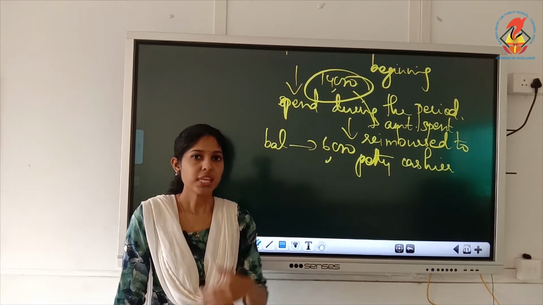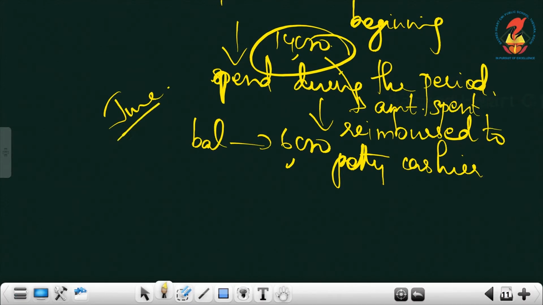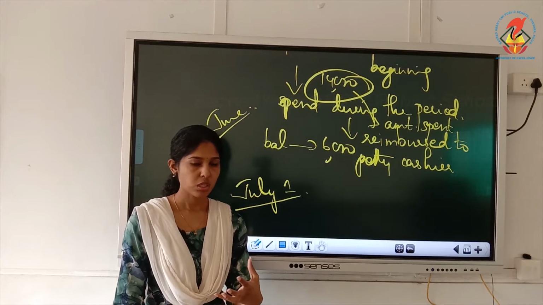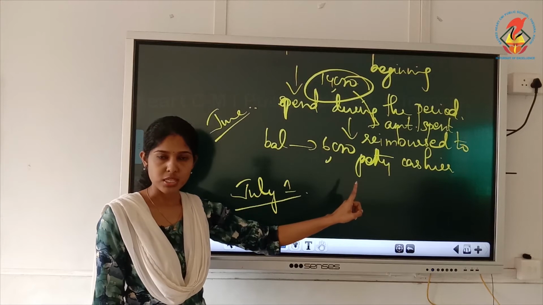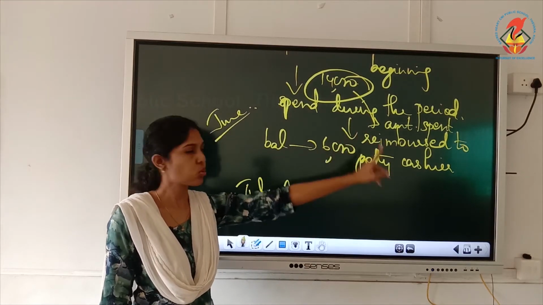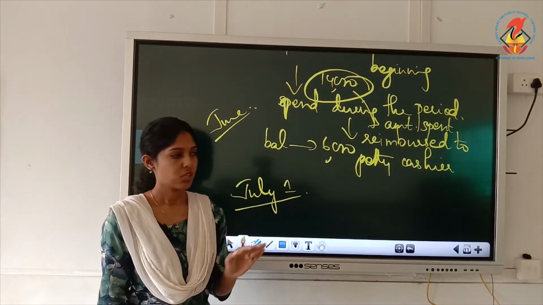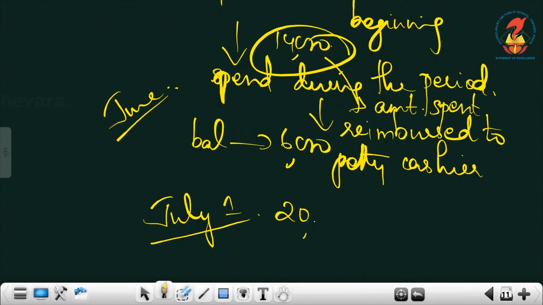That means in the beginning of the next month, suppose all this happened in June, beginning of next month means July 1st. What will be the balance amount with the petty cashier? Is it only 6,000? Balance is 6,000, but he was given the amount that he spent also. He spent 14,000, that was reimbursed by the main cashier. So again in the beginning of the next month, he will be having 14 plus 6, 20,000 again. Understood?